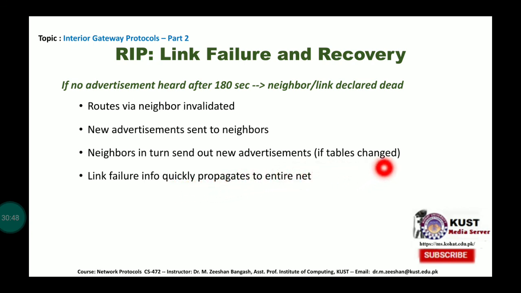If one node has declared that link as dead, this information is shared shortly with other neighbor networks. So the failure information is shared in a very short span of time to the entire autonomous system or between the autonomous systems.